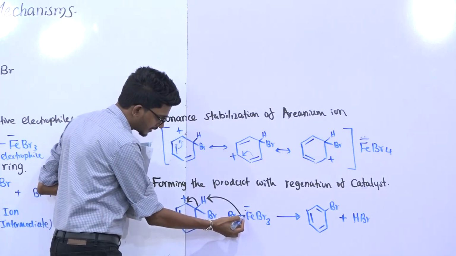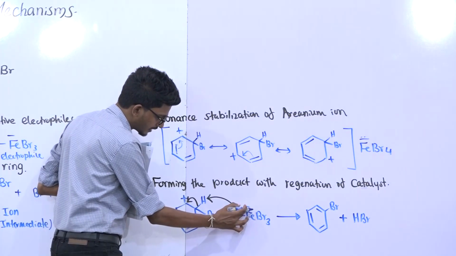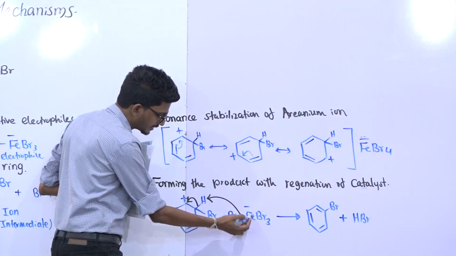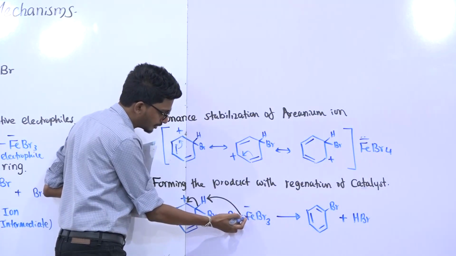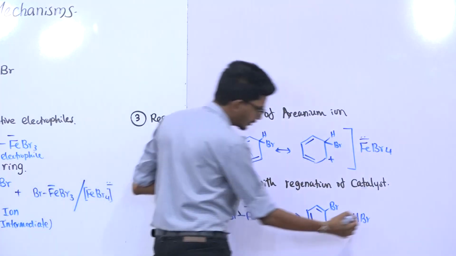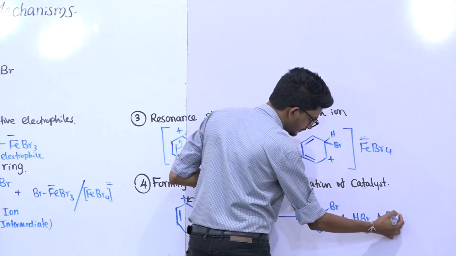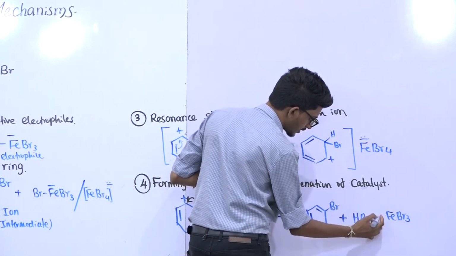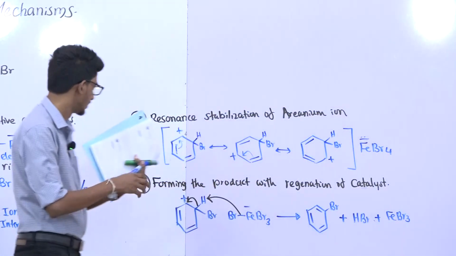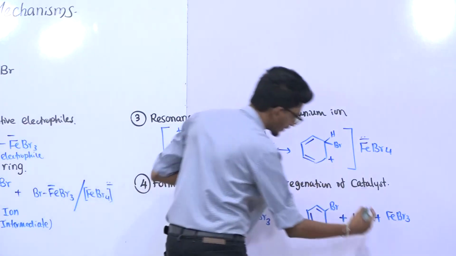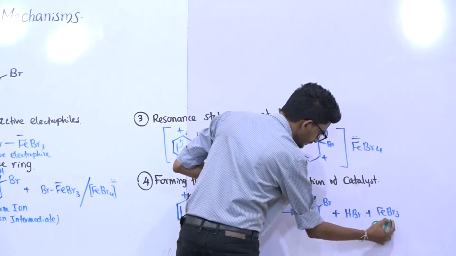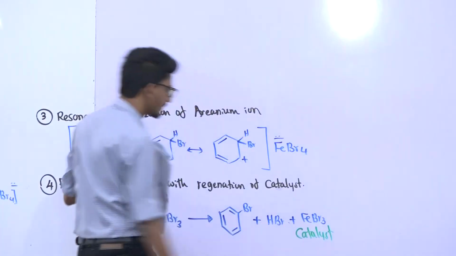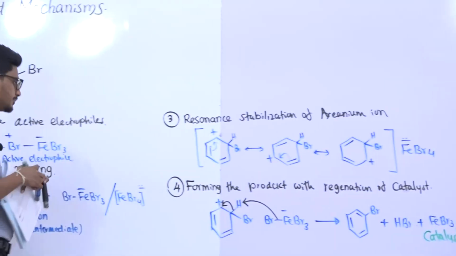The Fe gets a positive charge as it loses its electron, so positive and negative becomes just neutral. That is very clear, right? So the catalyst is regenerated. Your catalyst is still there. That is the mechanism.